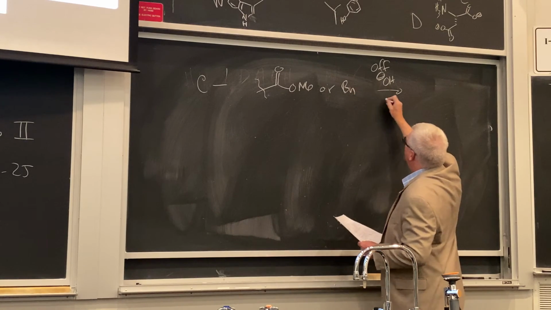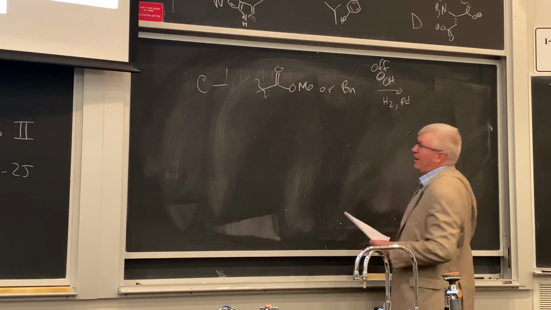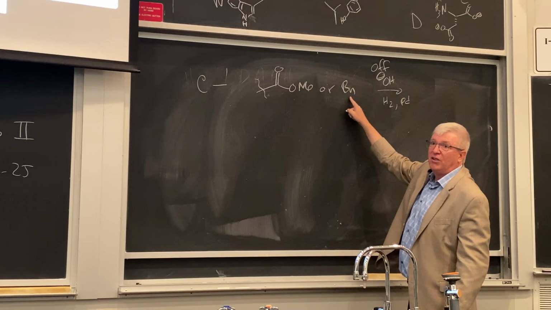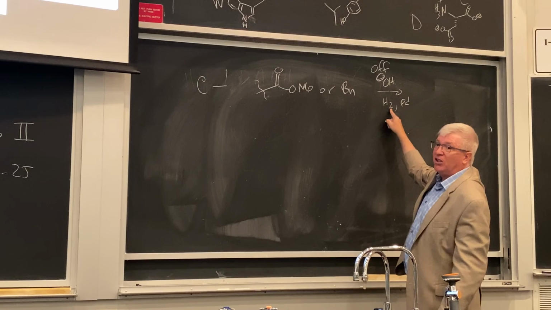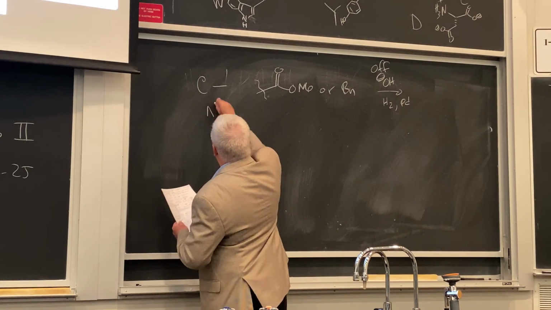With a benzyl ester, you can take that off with hydrogen and palladium, which is kind of nice, because we'll have some of the side chains protected as benzyl esters, or CBZ groups, which are also labile to hydrogen and palladium. The nitrogen side has to come on and off all the time.